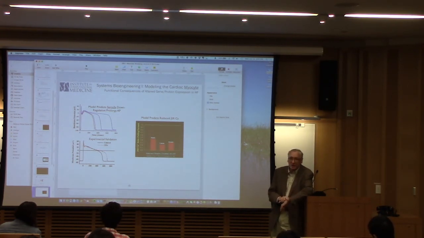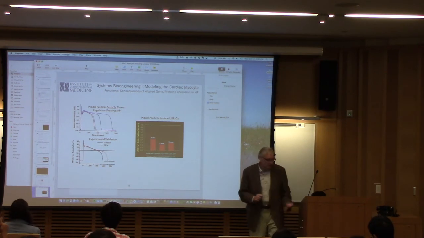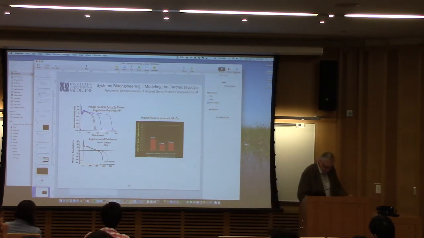If you go do an experiment where you pour in a drug that blocks that pump, you get action potential prolongation. And if you do experiments to measure the amount of calcium that is in the SR when that pump is dysregulated in heart failure, you see it's reduced from normal. It's close to what we measure and predict in the model.